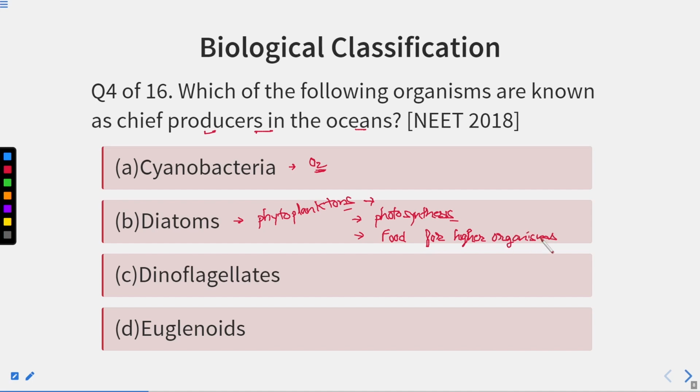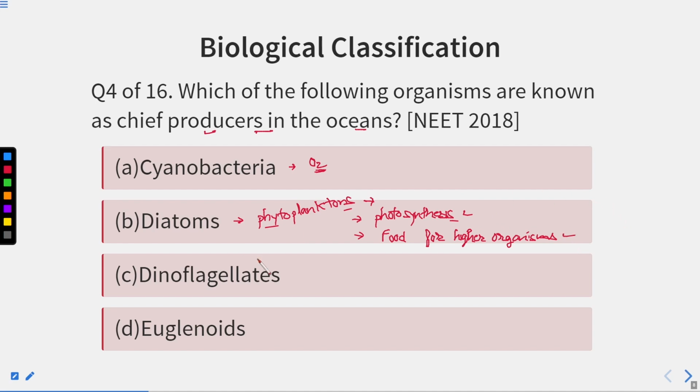That's why they are known as the chief producers in the oceans. First, they are phytoplanktons. They carry out photosynthesis, and they are a source of food for the higher organisms.